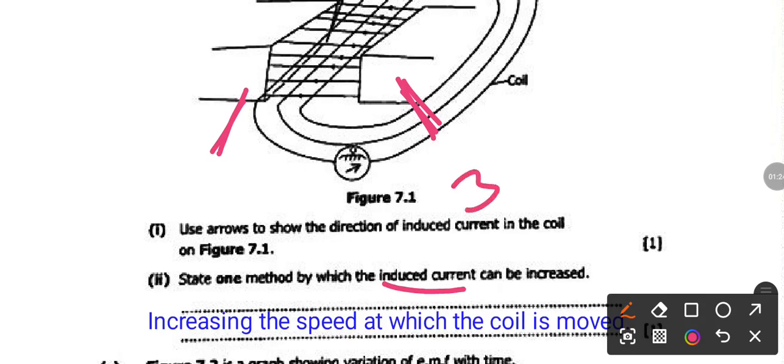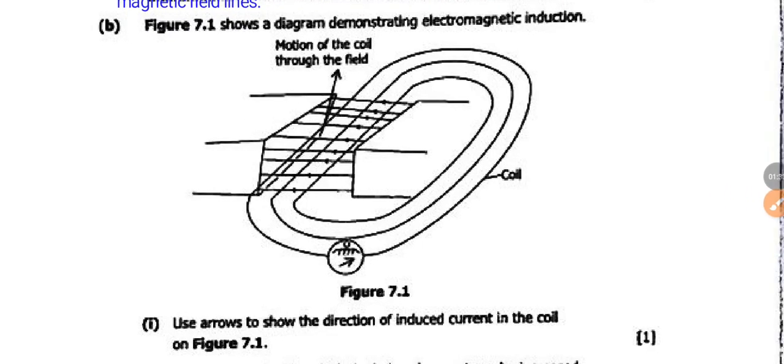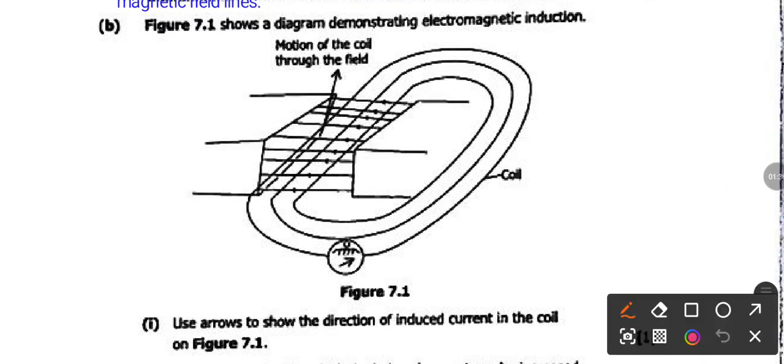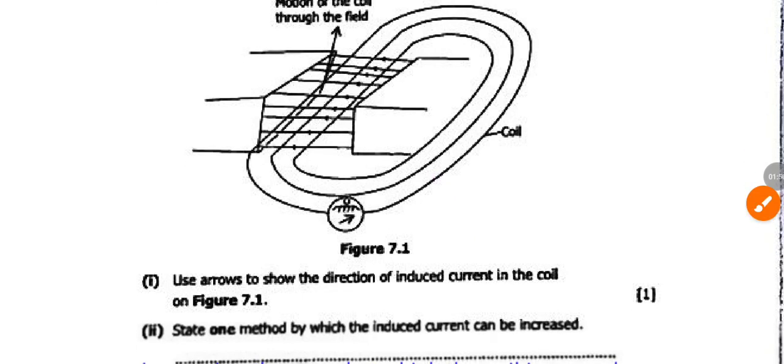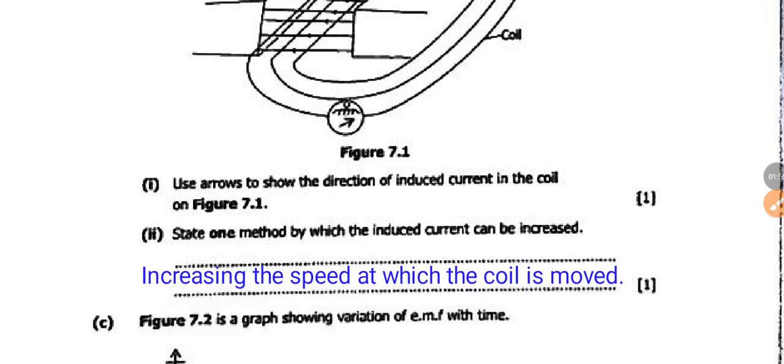Then another alternative that we could have written is by saying that we increase the coiling of the coil, because when we increase the coiling of the coil, we're increasing the length of the conductor, meaning that we'll have a greater length of the conductor cutting across the magnetic field lines. So this as well increases the size of the induced current.